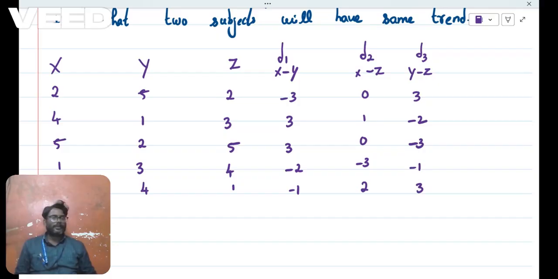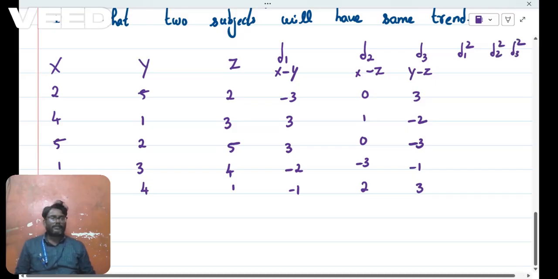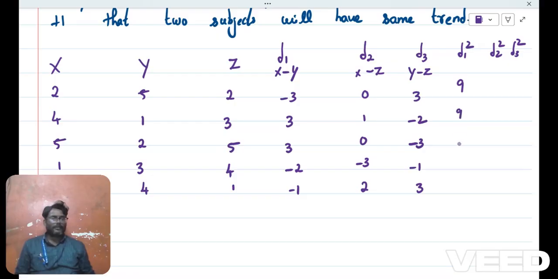Next, we need d1 square, d2 square, and d3 square. d1 square is 9, 9, 9, 4, 1. d2 square is 0, 1, 0, 9, 4. d3 square is 9, 4, 9, 1, 9.